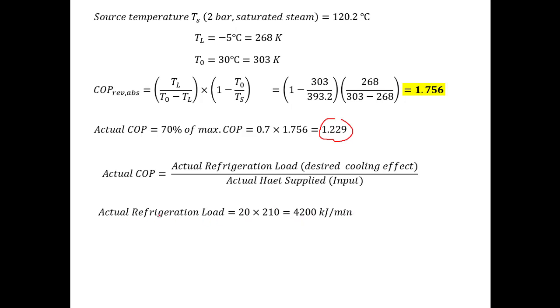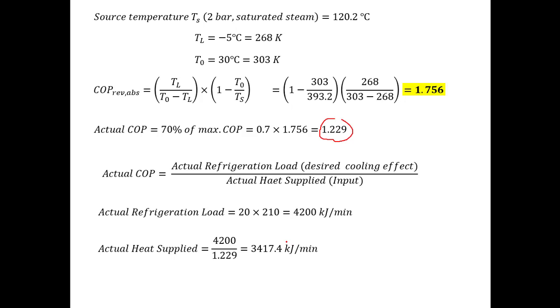That's the actual refrigeration load. And since we know the actual COP and the actual refrigeration load, we can calculate the actual heat supplied. So the actual heat supplied will be equal to 3417.4 kilojoule per minute.